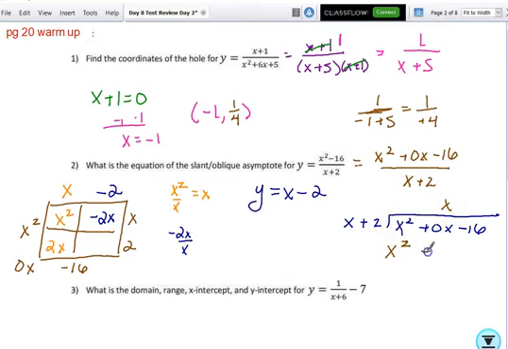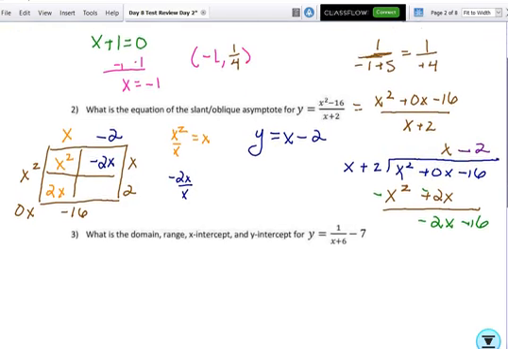X times 2, 2x. Subtract, so that's negative 2x minus 16. Divide again, negative 2x divided by x, just like we did here. It's negative 2. There's your answer again. Slant asymptote, y equals x minus 2.